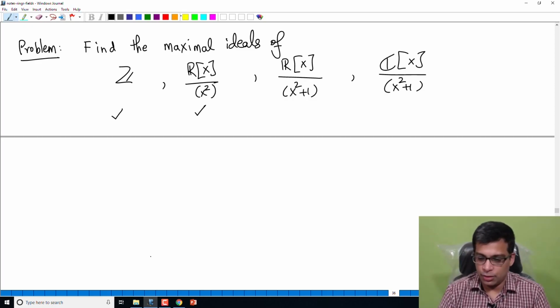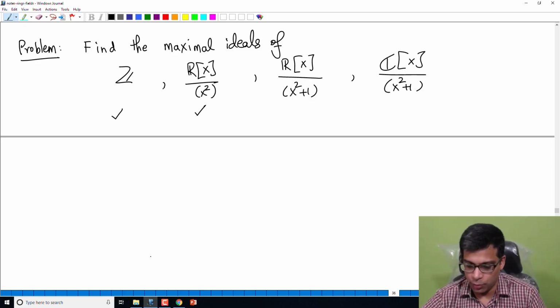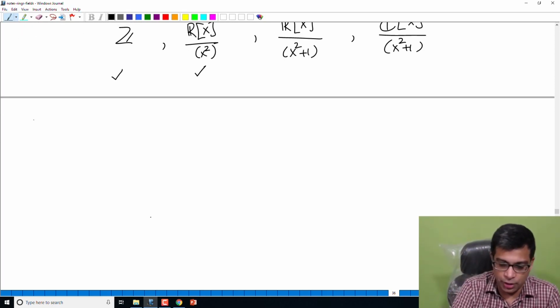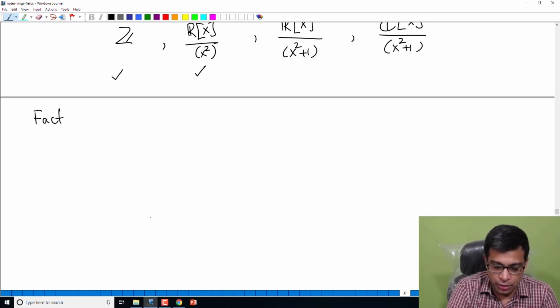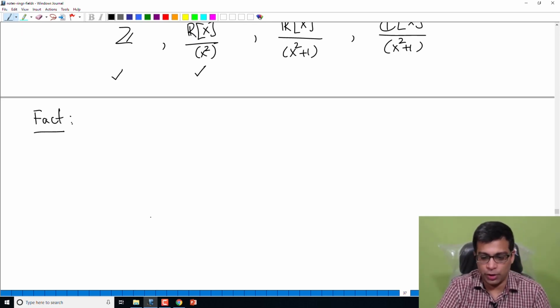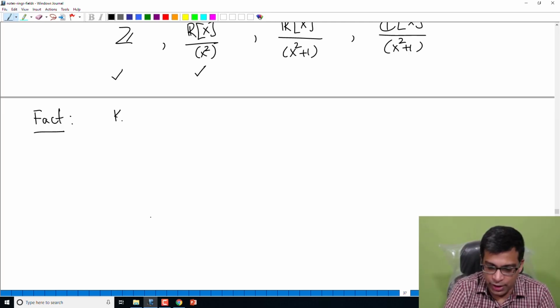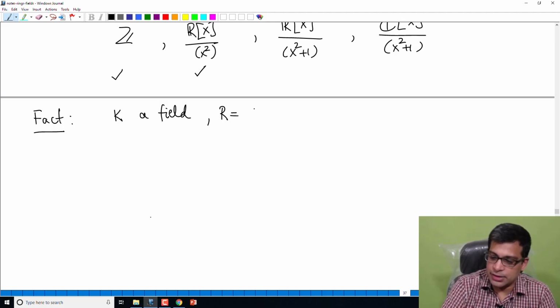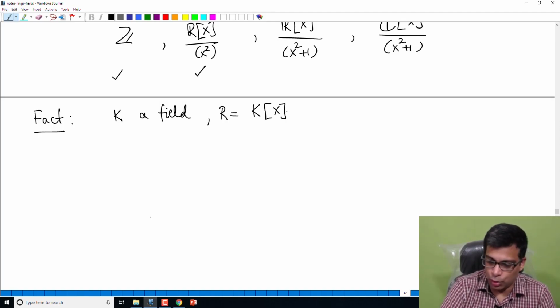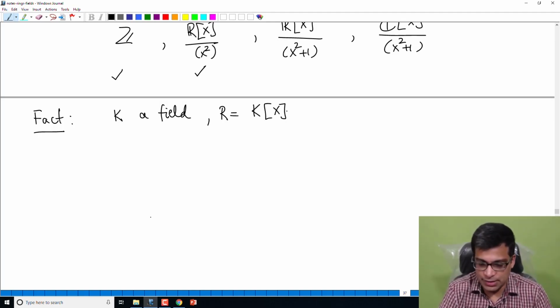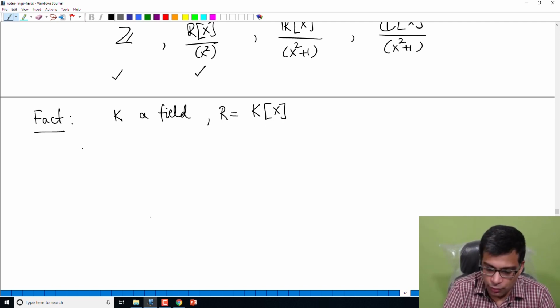So in order to continue this problem, let me use the following fact, which I did when I first introduced polynomial rings. Let's say K is a field, and let's say R is the polynomial ring in one variable over K. So R is K[x]. Recall two things.